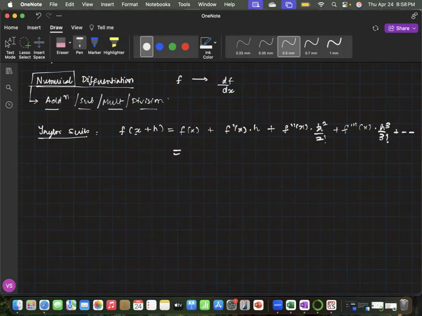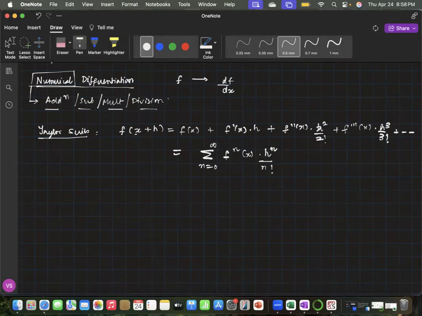Or basically it's the summation of f^n(x), where f^n(x) implies the nth derivative, times h to the power n over n factorial, from n equals 0 to infinity.